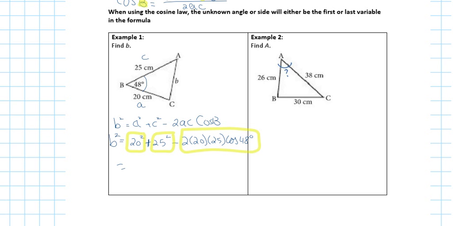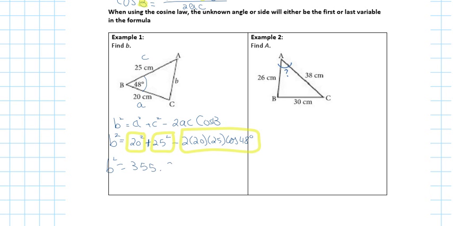What kind of calculators do you guys have? I think all your calculators, you can do everything all together. So what do you get for B squared? 355.86. All right.